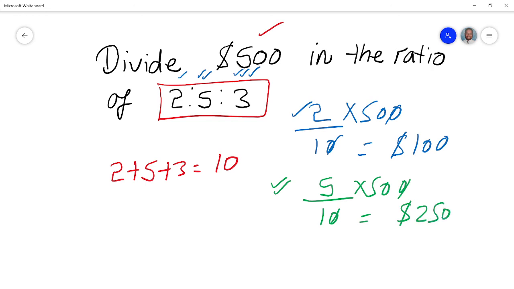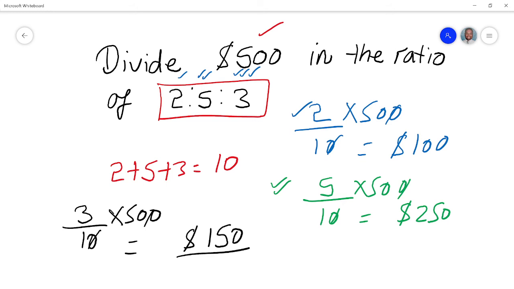All right, and then the last one, which is the triple ticks, and that will be 3 divided by 10 times 500, and that's now going to give me $150. All right, now when you add these numbers together, let's say I add 100 plus 250 plus 150, you're going to get $500 in this question.